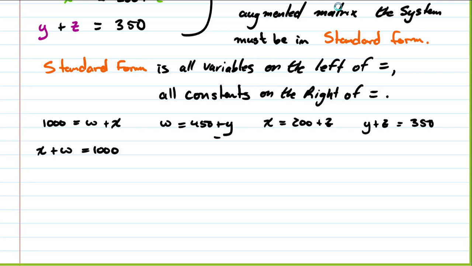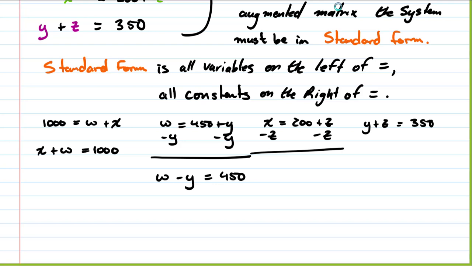Our second equation, we're going to minus Y, and that gives us W minus Y is equal to 450. Our third equation, we're going to minus Z, and we get X minus Z equals 200. And our last equation is fine just how it is. So now we have all of our equations in standard form.